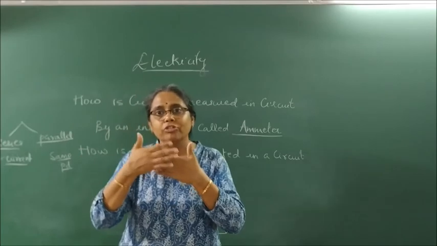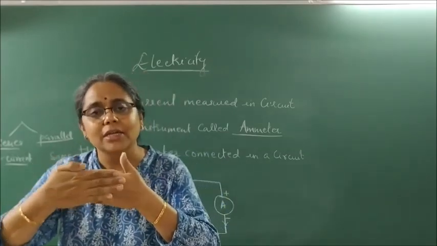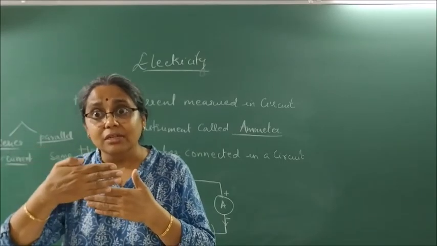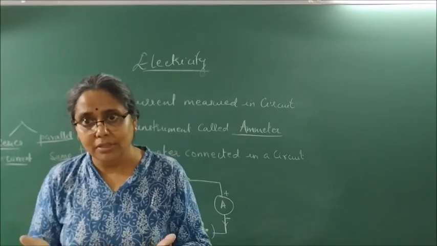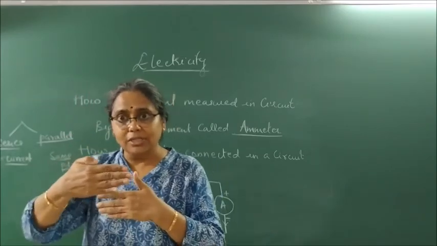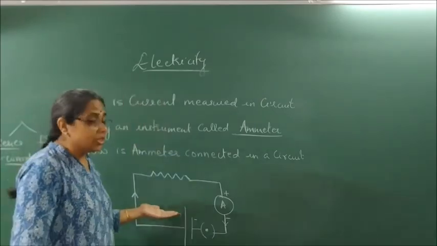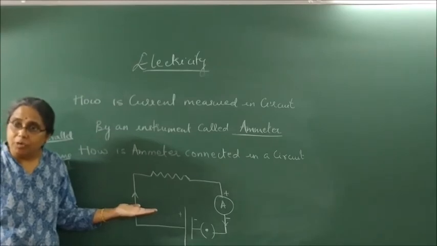Opposition to your views. So opposition to the flow of current is called resistance. The more the resistance, the less the current. The more the scolding, the less you read, isn't it? So the more the resistance, the less the current. But I am here to measure what? Current only. So should the resistance be less or more?